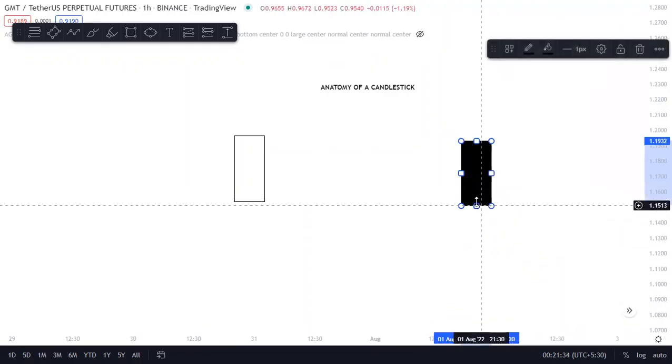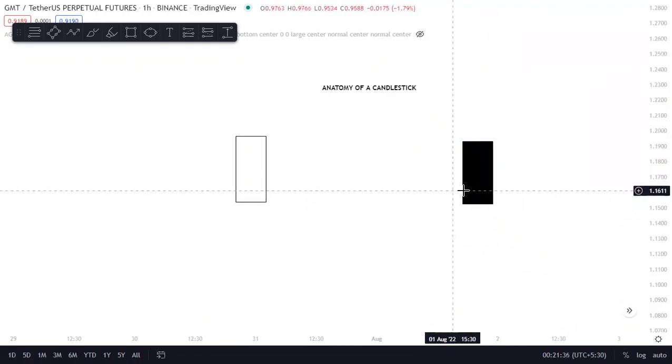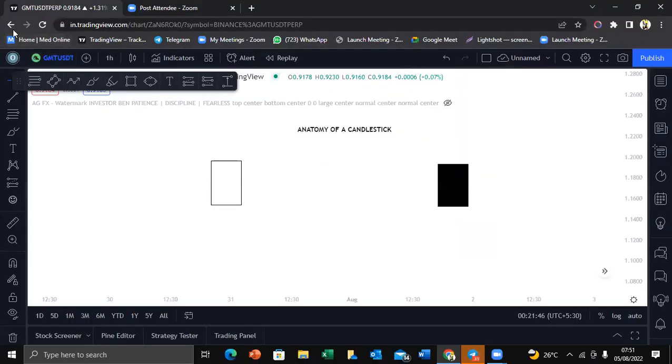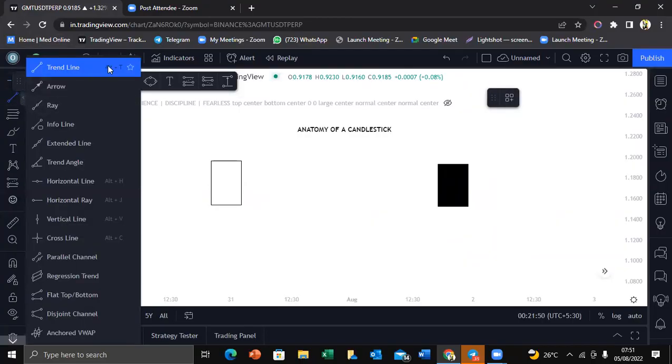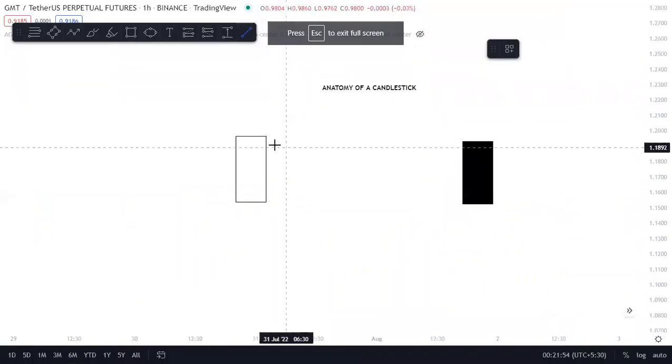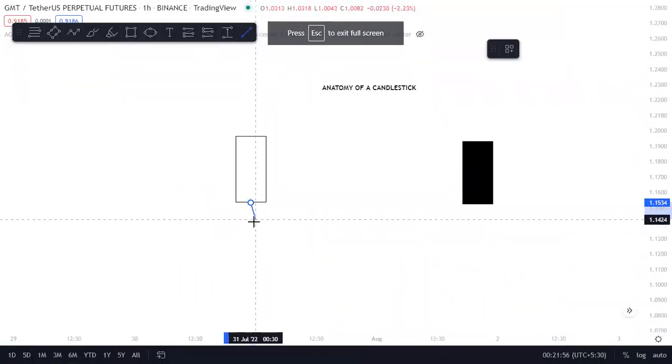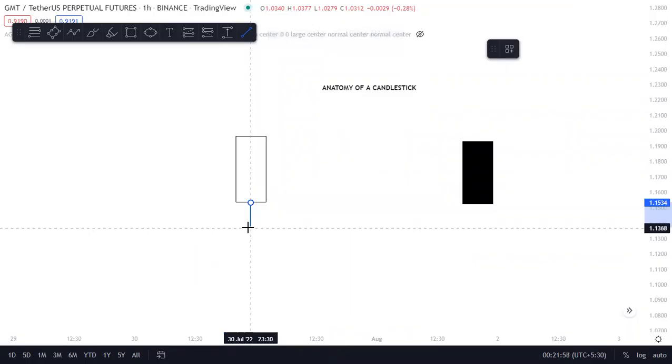Like I said, black can stand as bearish and white as bullish. And in a candlestick, something is not complete here. Let me get my trend line. Let me add a trend line. Let me mark out everything.